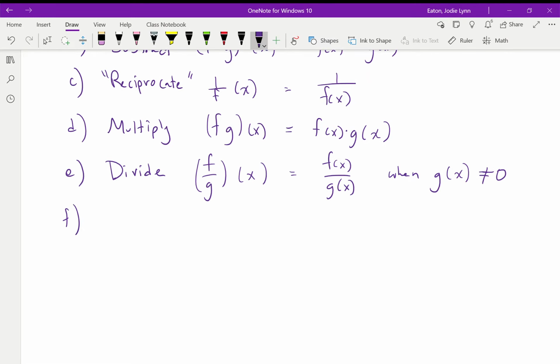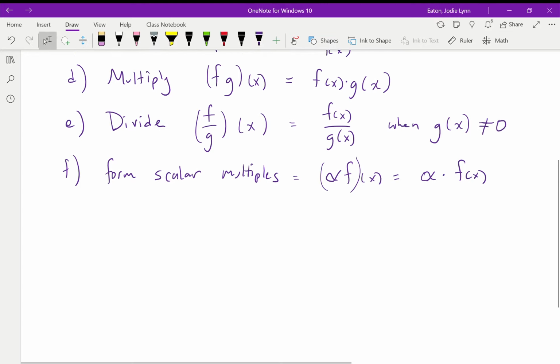We can form scalar multiples. So we can multiply by a constant. We call those scalar multiples. So we call that alpha f of x, where alpha is a constant, equals alpha times f of x. And we can form linear combinations.